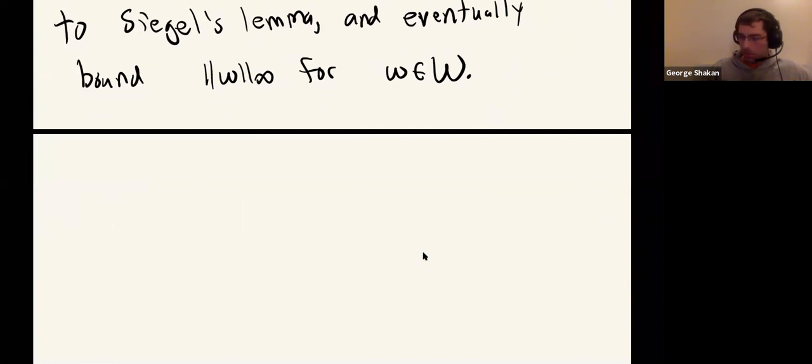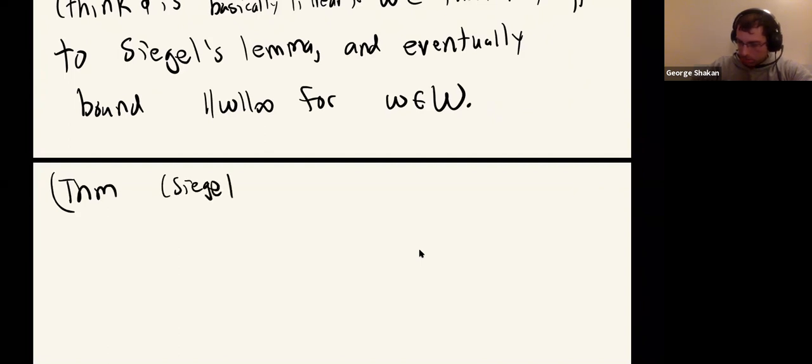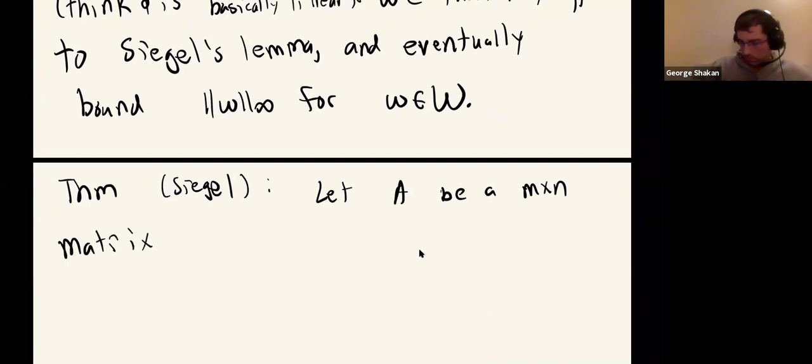Maybe not everyone's familiar with Siegel's lemma, so I should recall it. Apparently from memory, because I'm so confident that I could just remember. So this is Siegel. This is definitely a nice theorem.